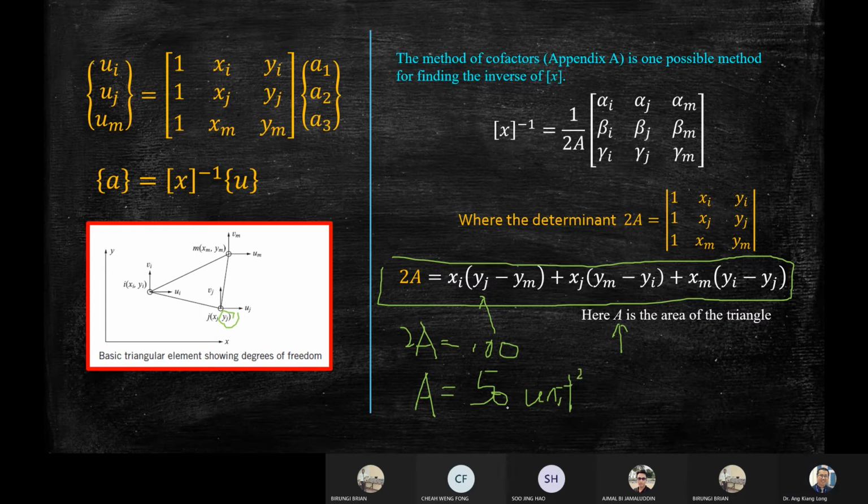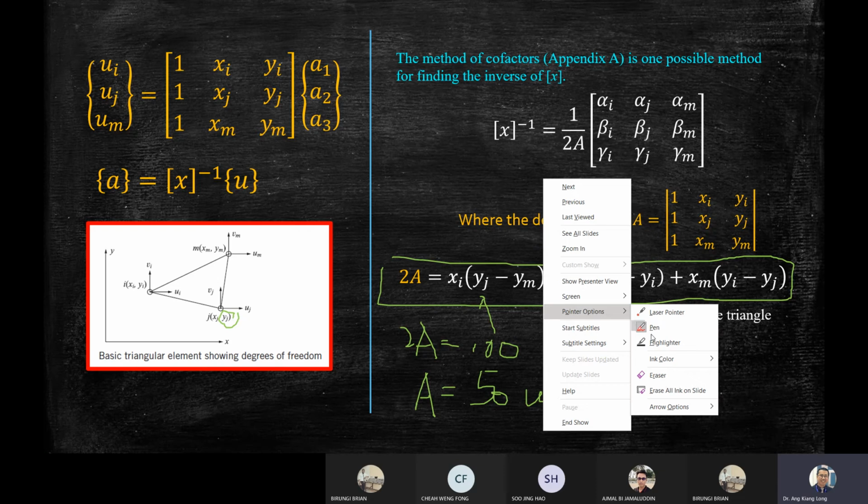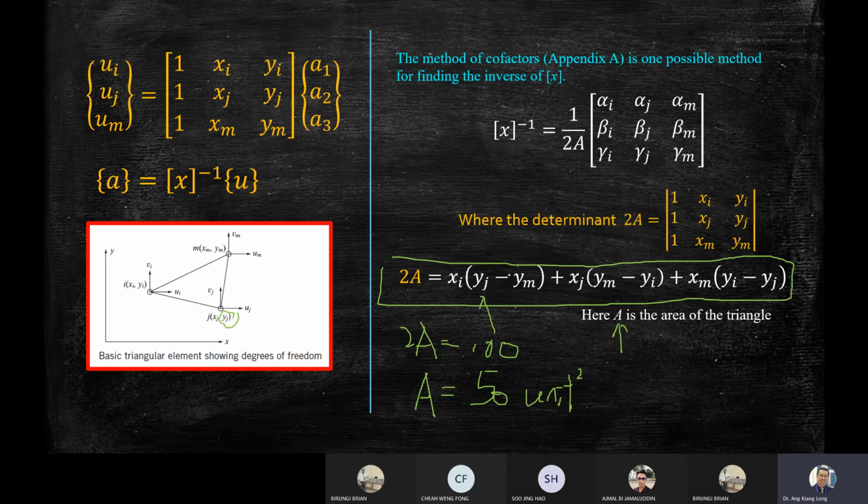So this is how your ANSYS software or SolidWorks finds the area of that particular element. It uses this formula. Make sense to you? That's why sometimes in your software, for example ANSYS, it will come up with an error.